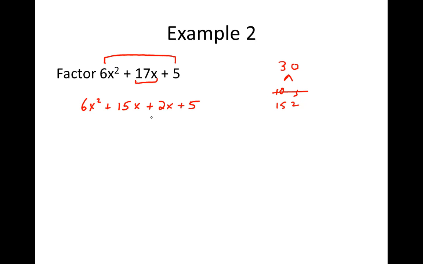Now we're going to group these up. And now what can I pull out of this first group? I can pull out a 3x. What do I have left? 2x plus 5. Plus, and I can't pull out anything out of that. In fact, it is 2x plus 5, which is what it needed to be, right?